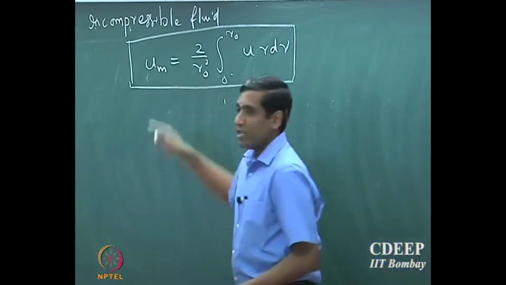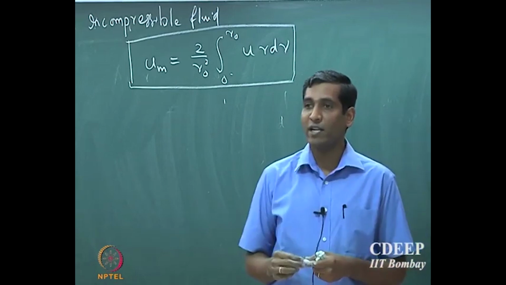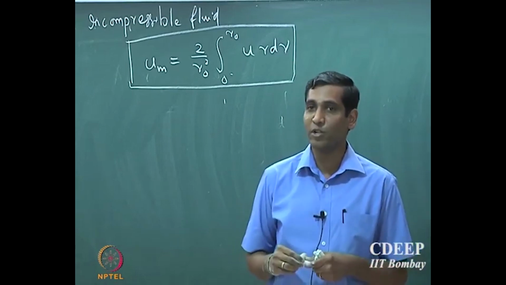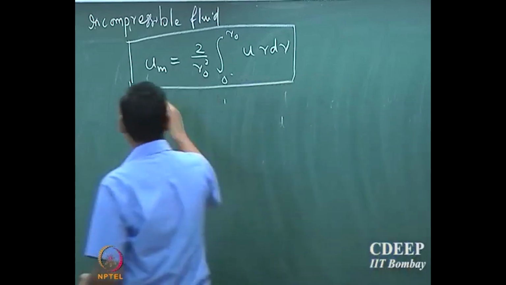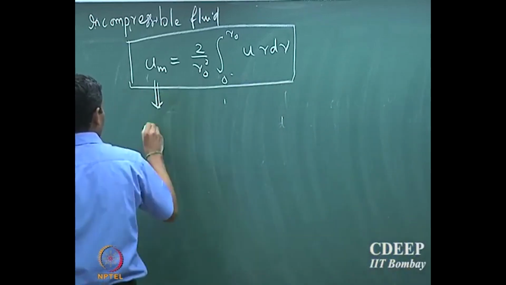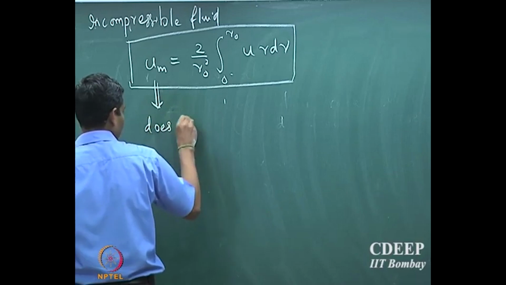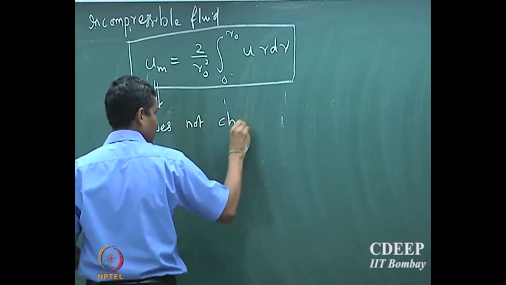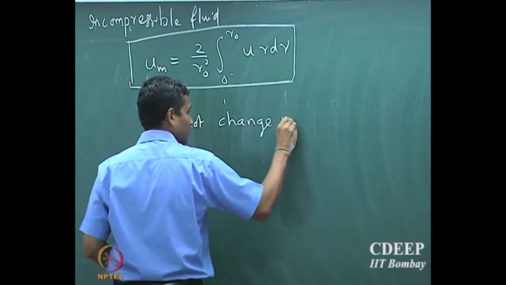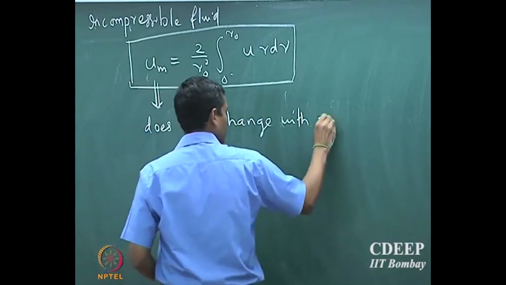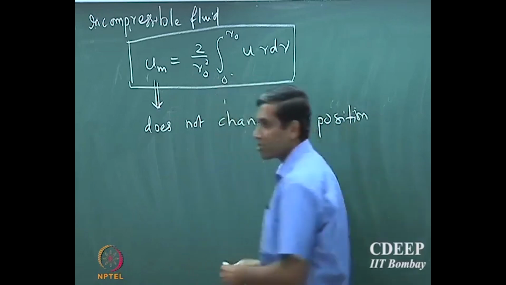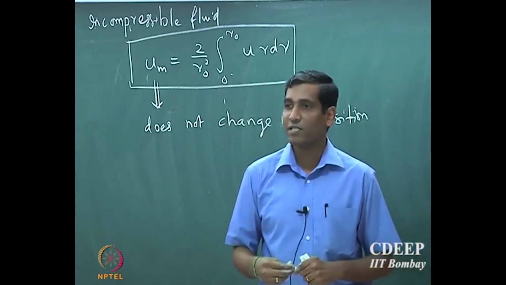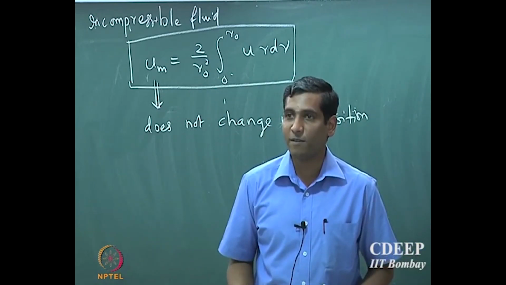So UM is a quantity which does not change with position in the fully developed regime. The average does not change with x position, and so it's a good reference velocity.